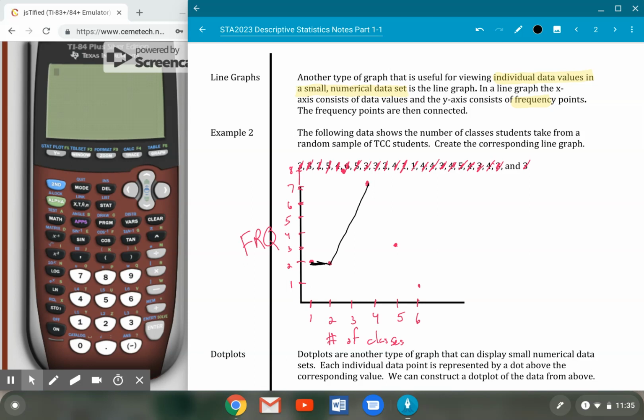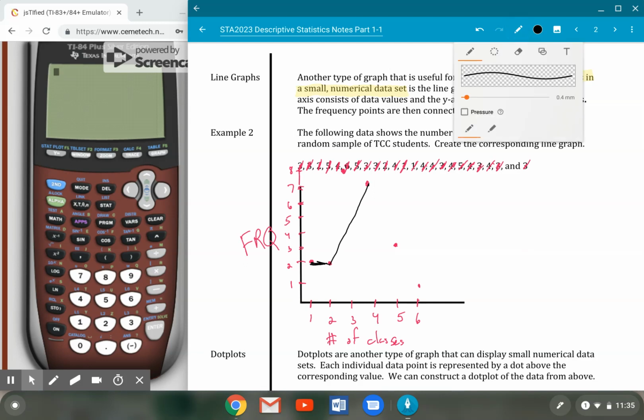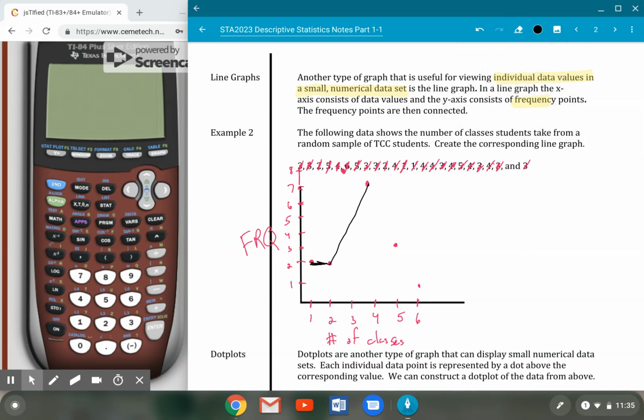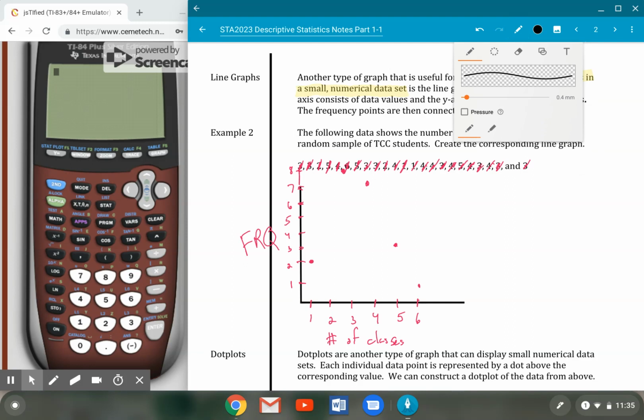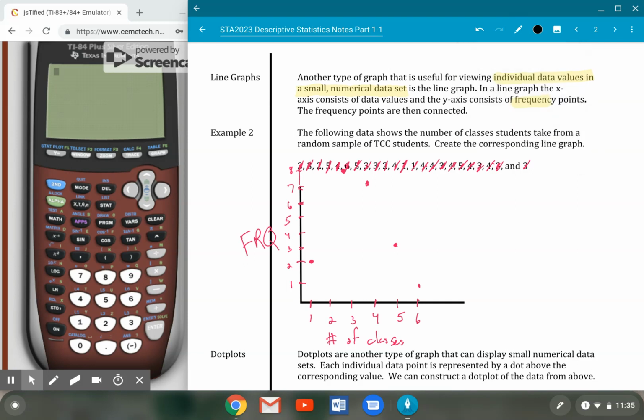Oh, sorry. Missed a dot there. So 2 was here, then 3 was up here at 8, then 7, then 3 for the 5, and then 1 for the 6.